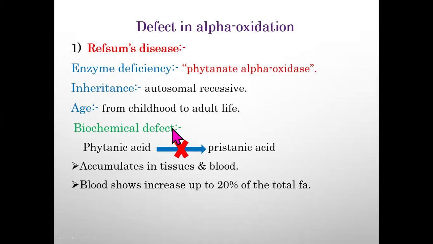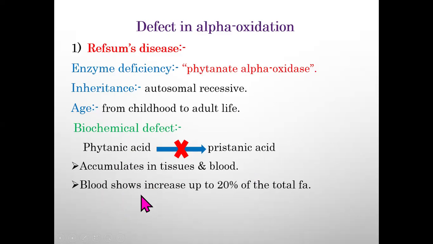The biochemical defect is that phytanic acid is normally converted to pristanic acid, and this is not possible because of a deficiency of the enzyme phytanate alpha-oxidase. So you have accumulation of phytanic acid in tissues and blood, because it is not being converted to pristanic acid.